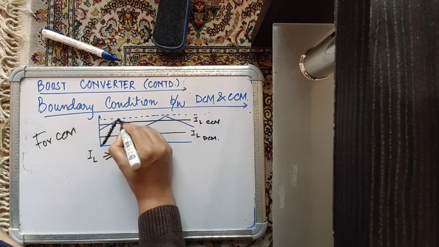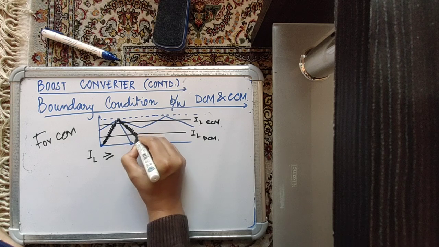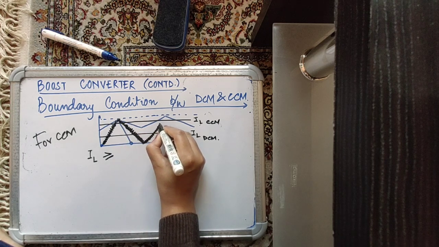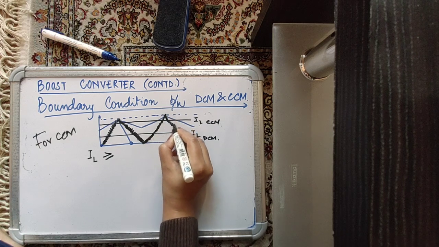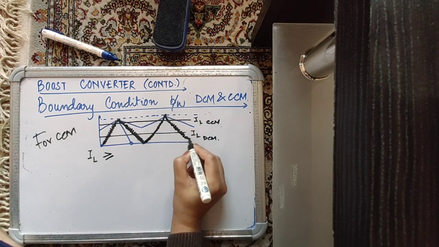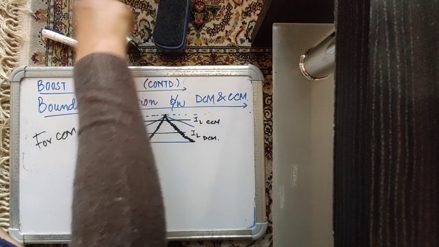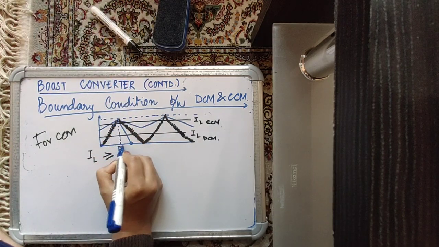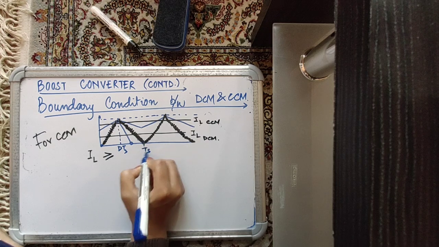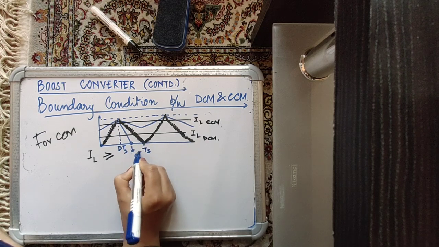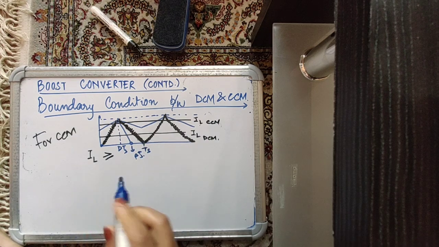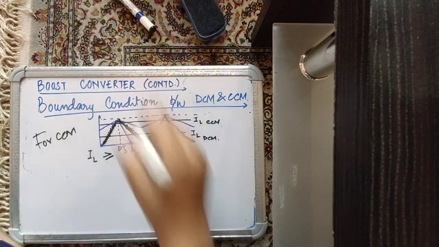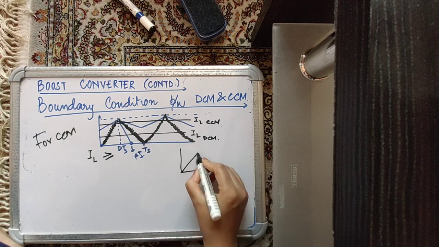So this is your boundary condition where your current is neither continuous nor discontinuous. It's hitting 0, but it is hitting it at TS. So this is DTS, and this is TS, and this is beta TS if your current is discontinuous, right? So at boundary condition, your current is just continuous, something like this.